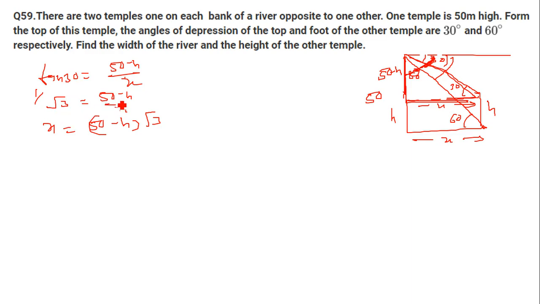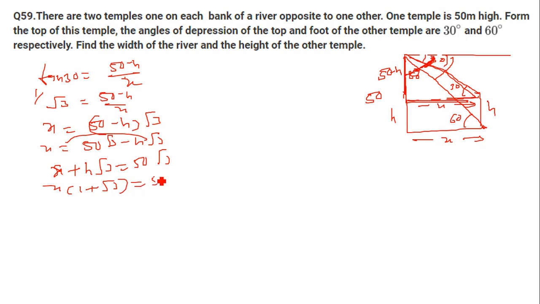Here see, this is 1 by root 3 and we multiply this. So what do we get? 50 root 3 minus h root 3. I bring it here. So this is x plus h root 3 equal to 50 root 3. X I take common, 1 plus root 3 equal to 50 root 3. So x is equal to 50 root 3.